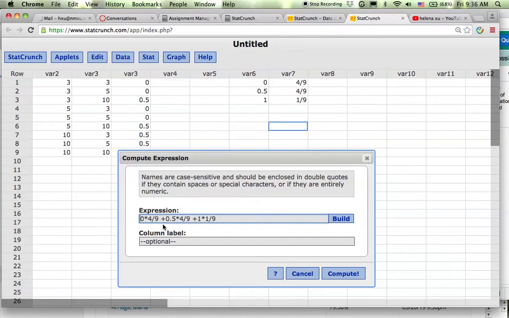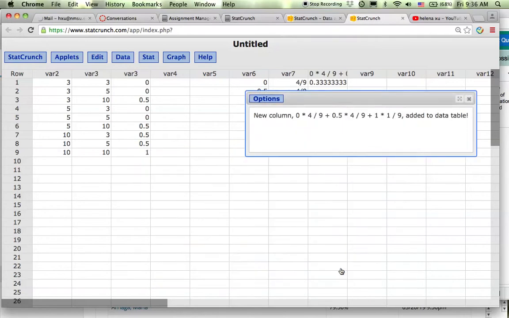This will give you the mean of the random variable, the sample proportion. If you compute it, it will give you 0.33333. So that would be your mean of the sample proportion.